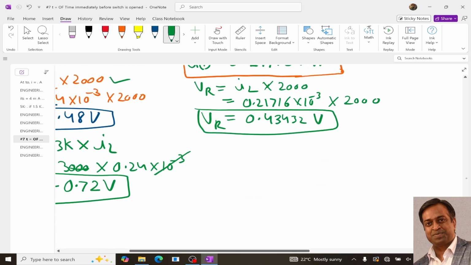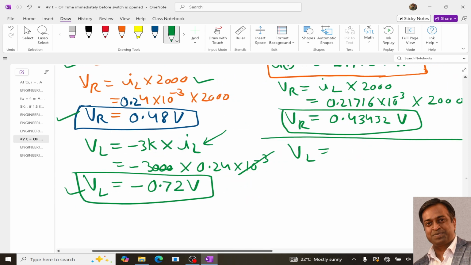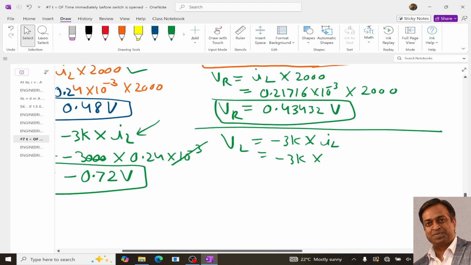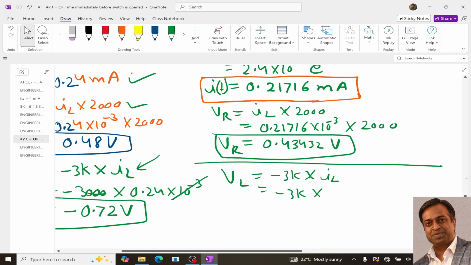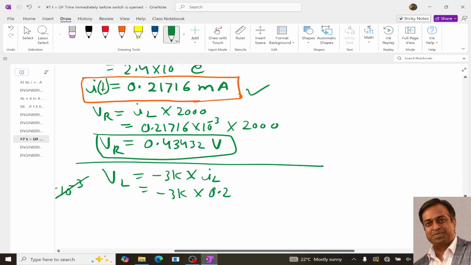And similarly for the VL, we got the formula like this, right? So it is minus 3k into IL. Our IL is 0.22 milliampere.